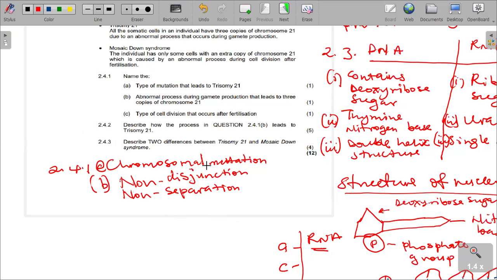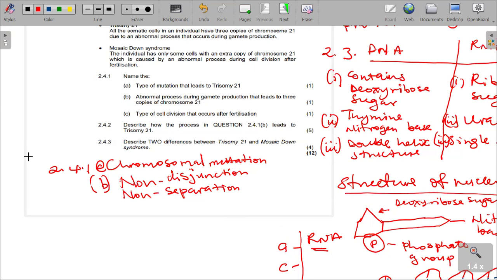So it is non-separation or non-disjunction of chromosomes that leads to having 3 copies of chromosome 21. A non-separated gamete, which is 2N, will fertilize or fuse with another N, which would give us a 3N cell. That is the trisomy condition being defined here.